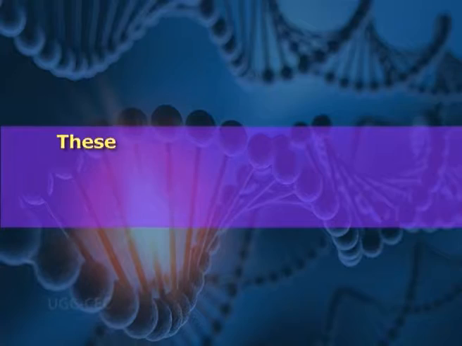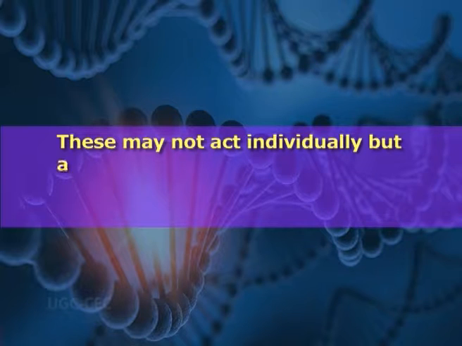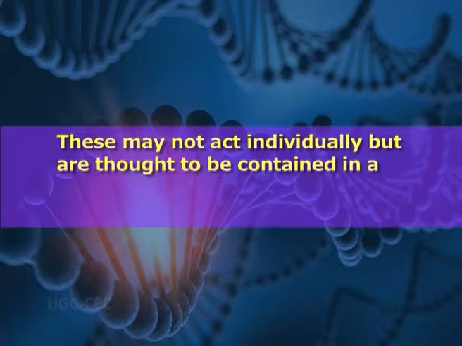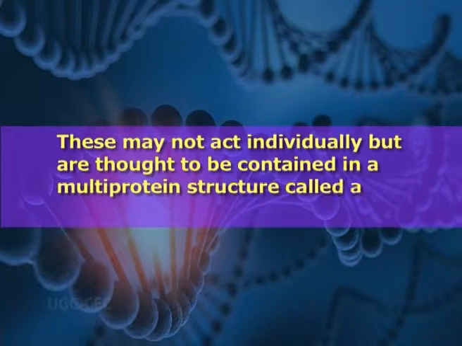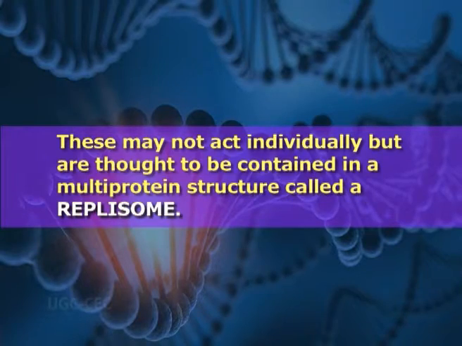There are in effect more than 20 proteins whose interplay is required in the process of replication, though all have not been named here. The ones we have focused on give a working understanding of the process of replication, which is our objective. These may not act individually, but are thought to be contained in a multi-protein structure called a replisome.